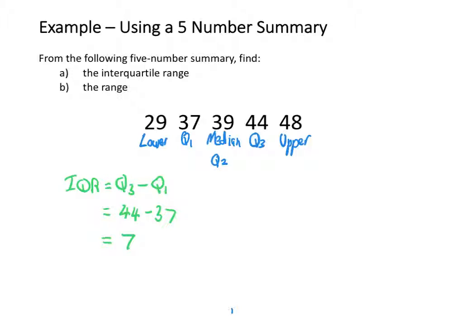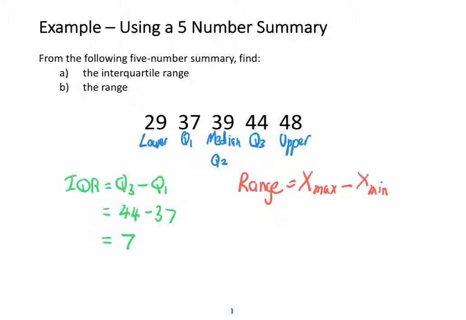To complete the second part of our question, we need to find the range. So the range is going to be the biggest number minus the smallest number. So in our working out, the first thing we need to do is write down the formula. So range is equal to the maximum score minus the minimum score.